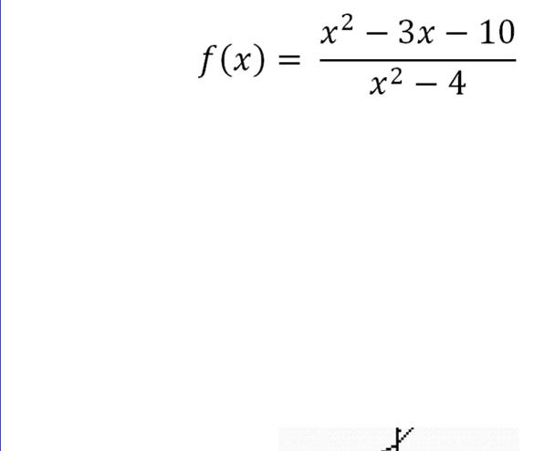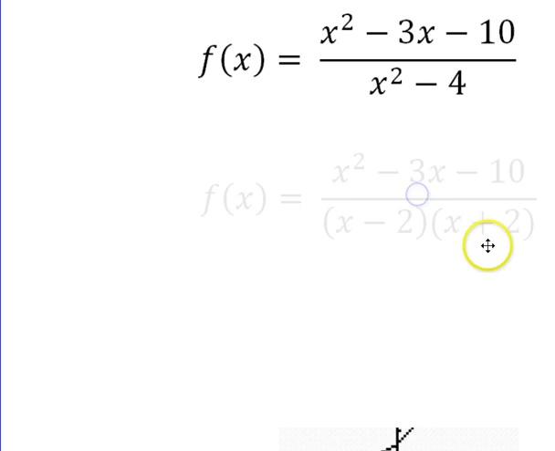What you need to know about this one is that to figure out where your discontinuities are possibly, you have to think about what makes the denominator equal to 0. So look at that denominator right there. It's the difference of two perfect squares. So to figure out where you could possibly have discontinuities, you want to figure out where this equals 0.